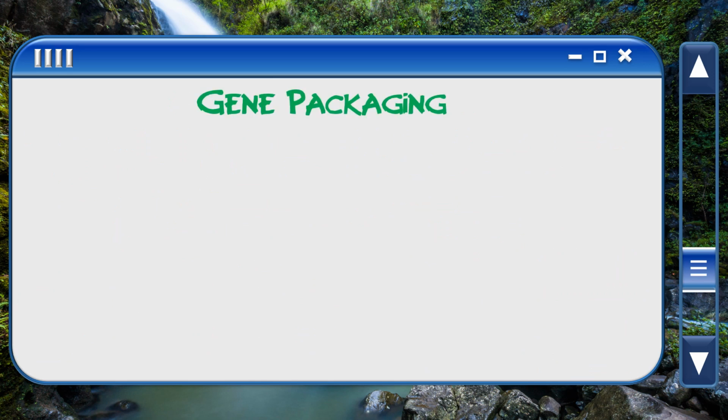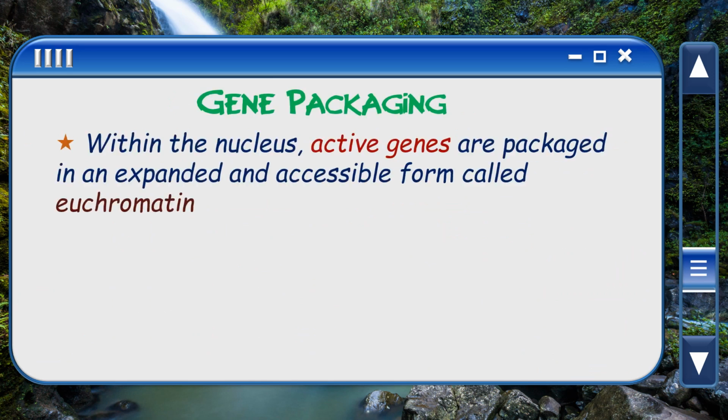Let's talk about gene packaging. Now, within a nucleus, active genes are packaged in an expanded and accessible form called chromatin. So remember, in our nucleus is where we have our genes.